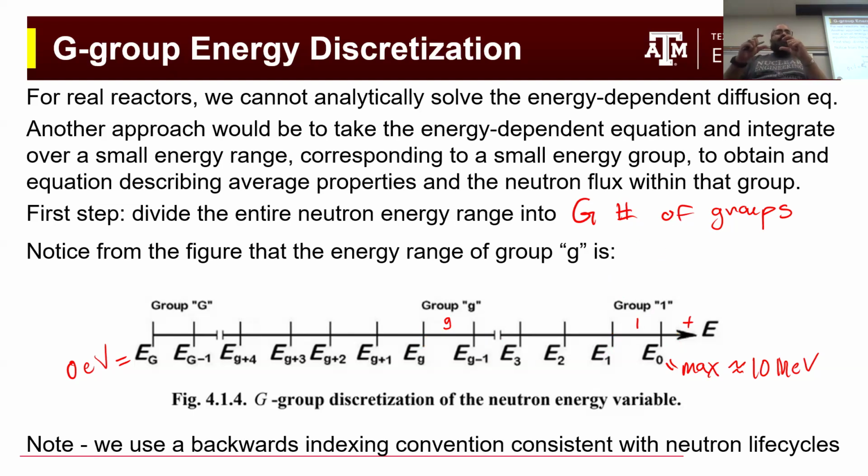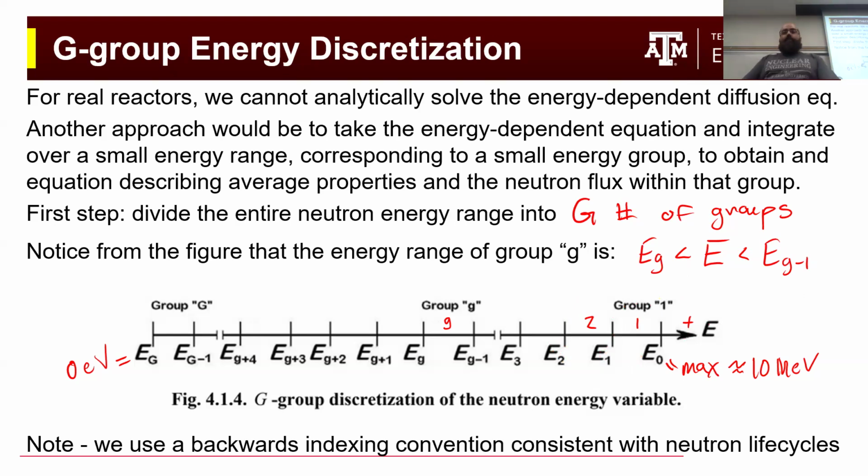So any energy in group g is between E sub g and E sub g minus 1. That holds for any group. If I look at group 2, little g is 2, so the left bound is E sub 2 and the right bound is E sub 1, since g minus 1 gives 1.